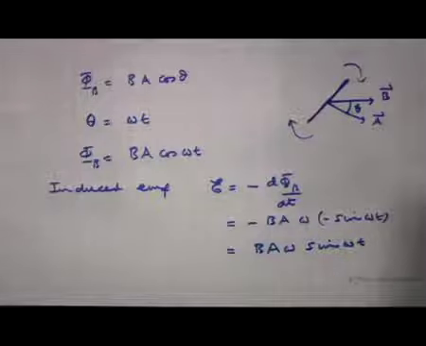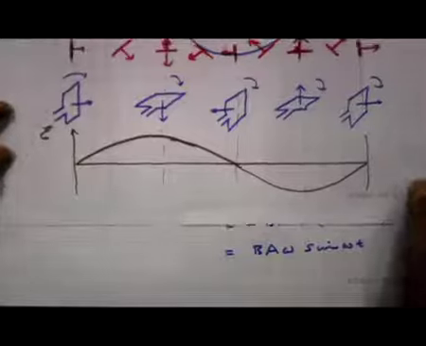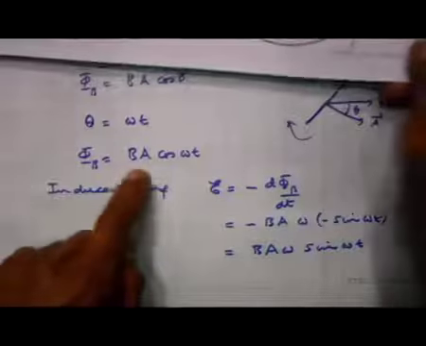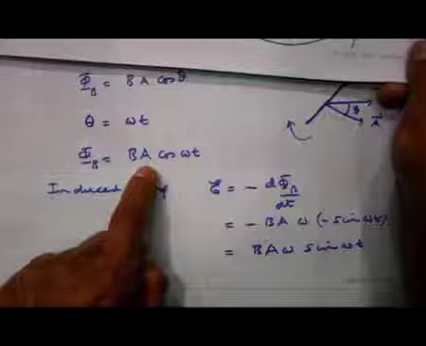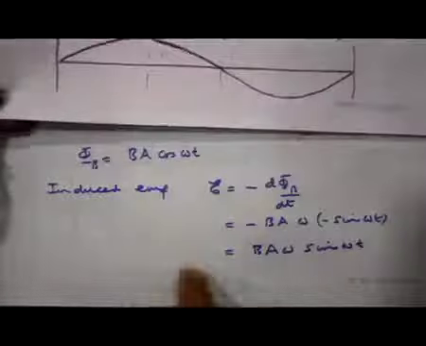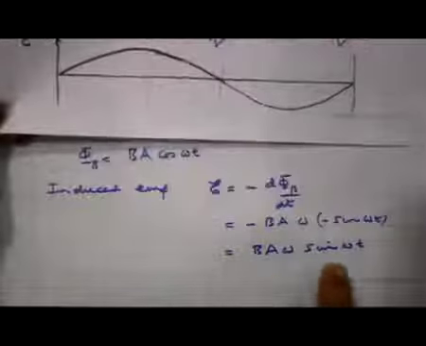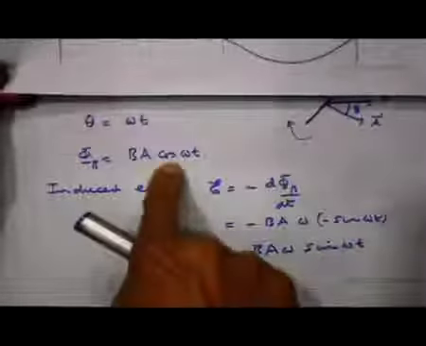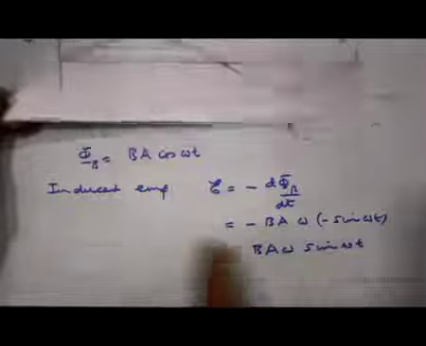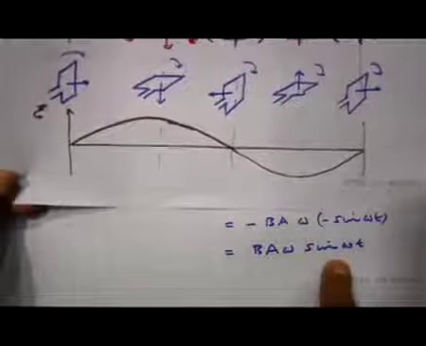And you can see that this is exactly what I plotted here. At t equal to 0, the flux is maximum. As time increases, the flux starts to decrease and the induced EMF starts to increase, because cos omega t is decreasing and sin omega t is increasing. This is the plot of cos omega t, and that is the plot of the way the EMF generated varies as sin omega t.